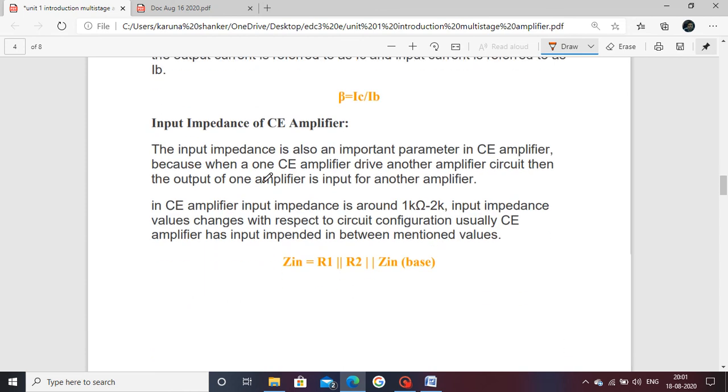These are the parameters in common emitter amplifier. Input impedance means the voltage upon current ratio on the input side of the transistor. We know that R is equal to V upon I. In the input side of the transistor, the ratio of voltage to current gives you input impedance.